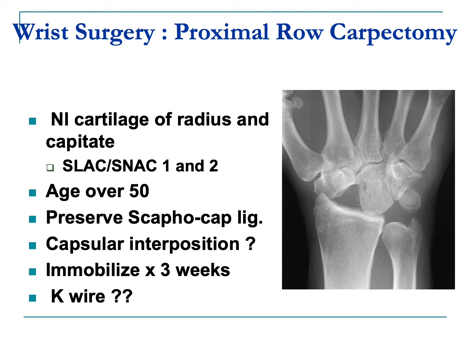I would suggest immobilization with the K-wire does make sense if after doing the proximal carpectomy you find that the wrist remains somewhat lax in the operating room because of laxity of the scaphocapitate ligament, which should be preserved during the surgery, and the hope would be that temporary immobilization with the Kirschner wire would lead to improvement in the stability.